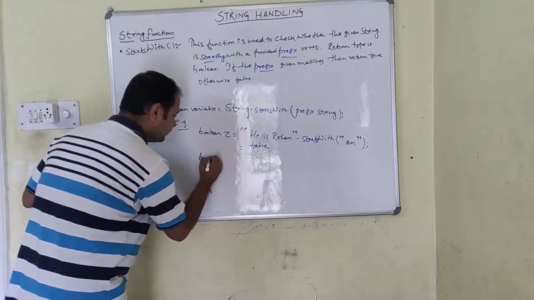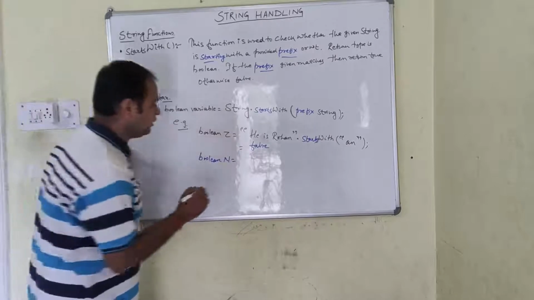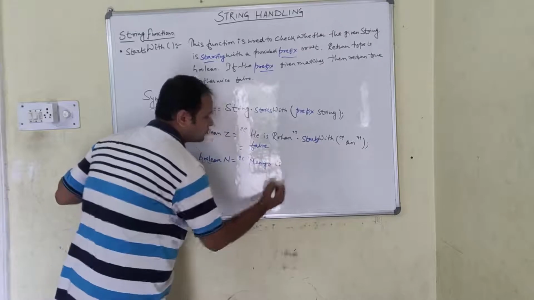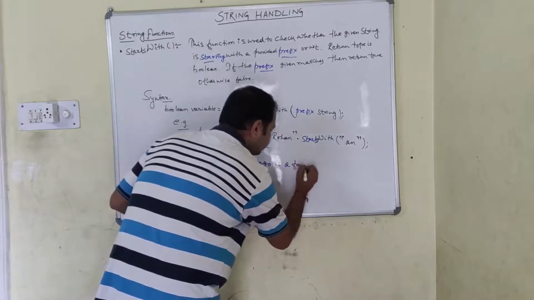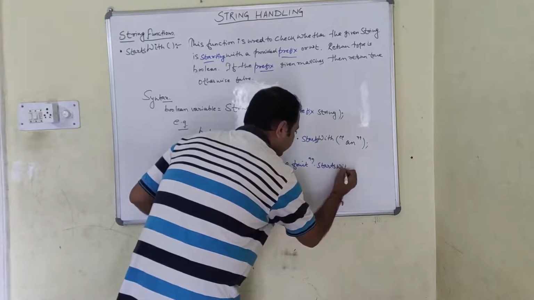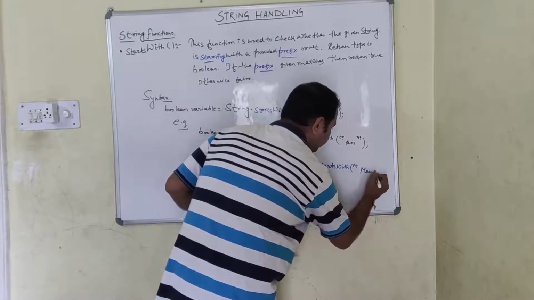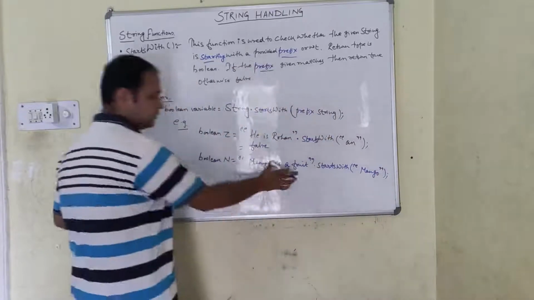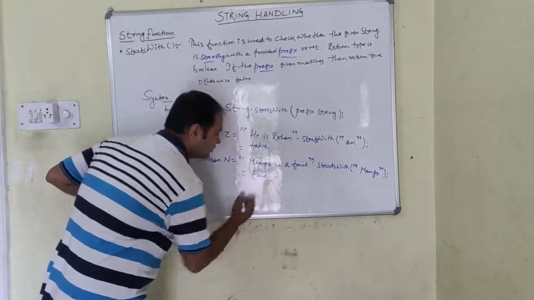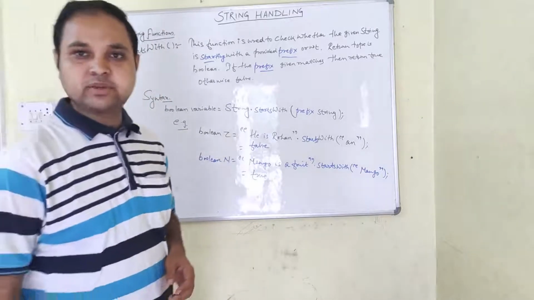So boolean n equals to "mango is a fruit" dot startsWith, and in the bracket I write "mango". You can see that this particular sentence is starting with the word mango, so this gives you the output true. Okay, so this is the function startsWith. I think you have understood the startsWith and the endsWith functions.